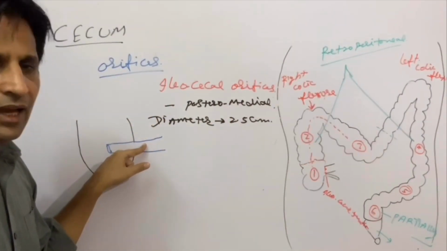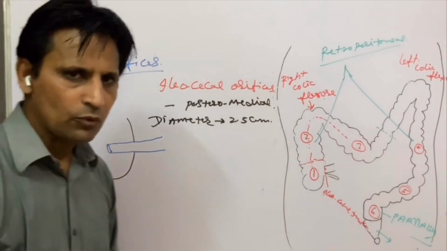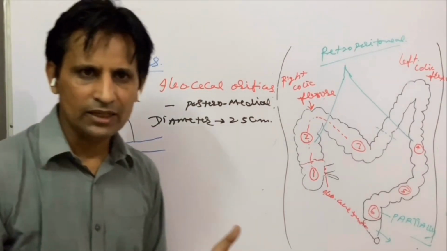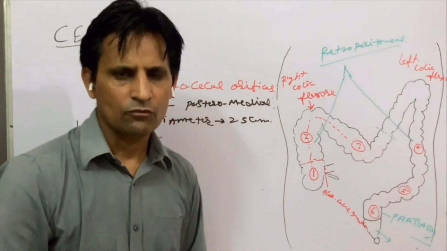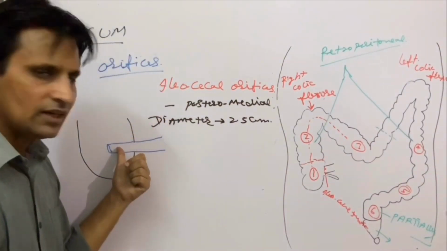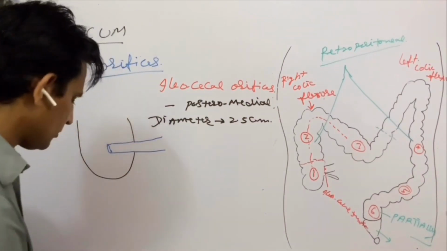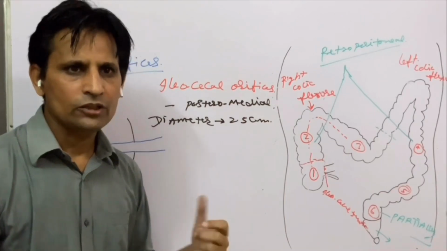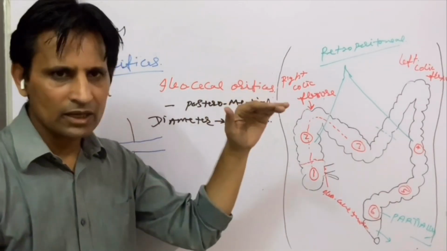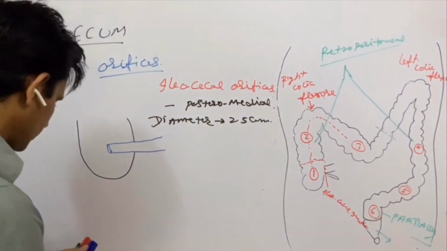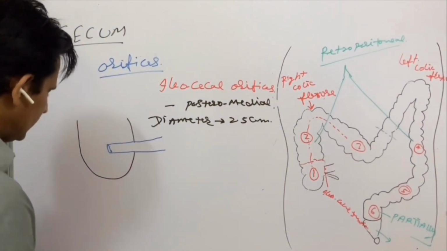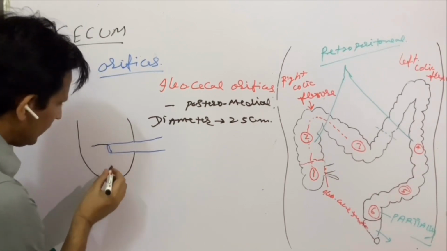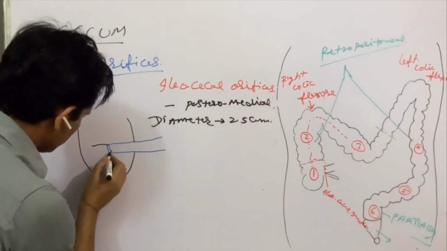The third and most important thing is that this orifice is guarded by a valve of sphincter muscle, and this valve contains two lips. One is the upper lip and one is the lower lip.